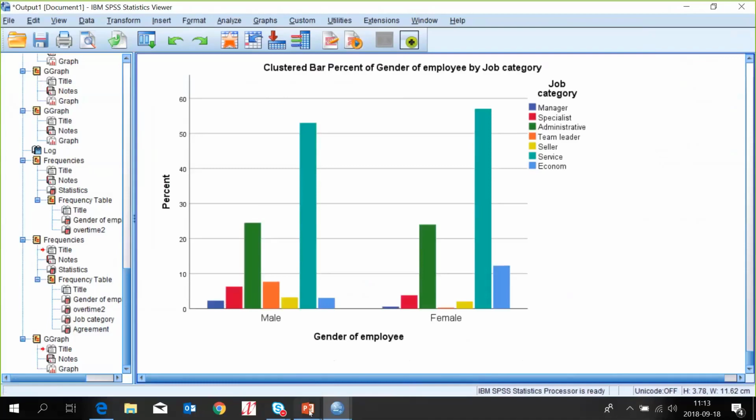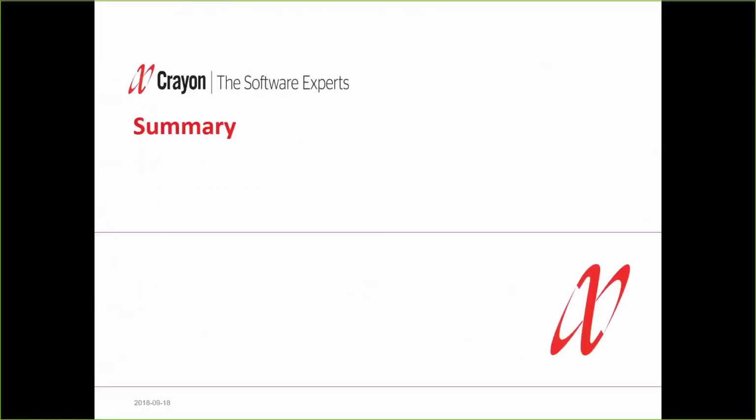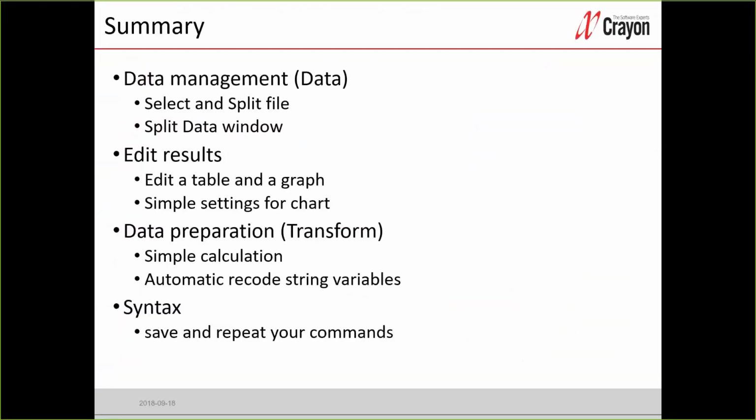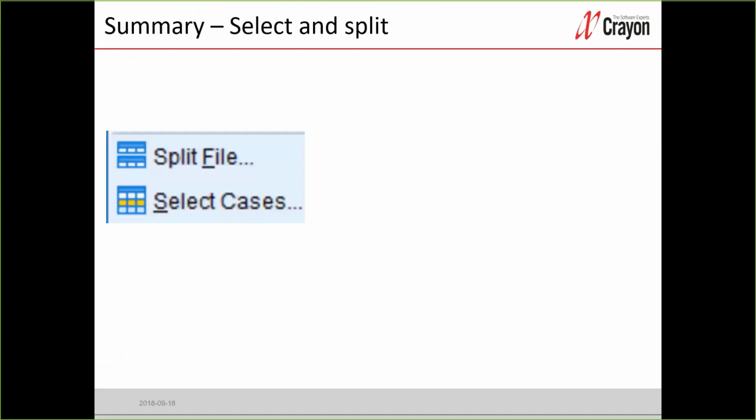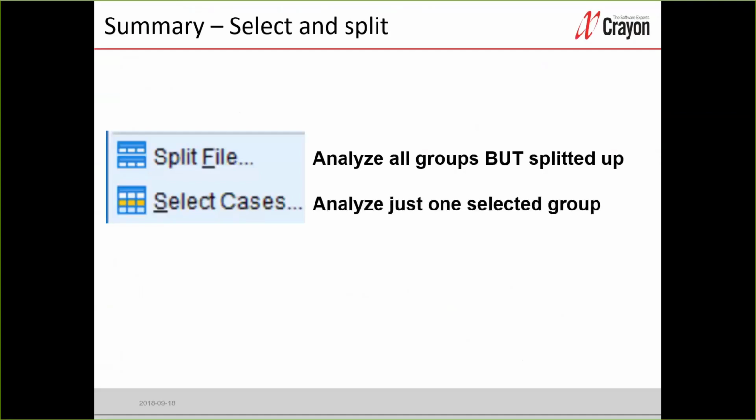So now it's time for the summary. And today we have gone through all this. I will shortly go through what we have done today. So first, we started with the data management, split and select. Split is when you analyze all groups, but it's split up. And analyze with the select cases before is when you just analyze one selected group.